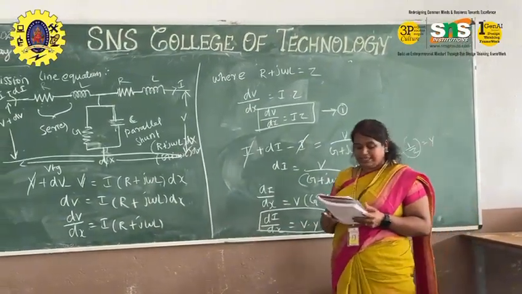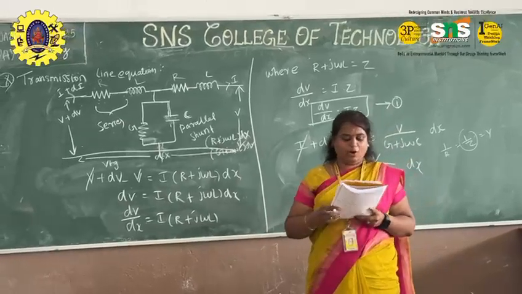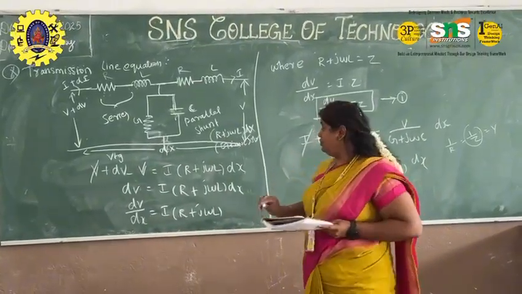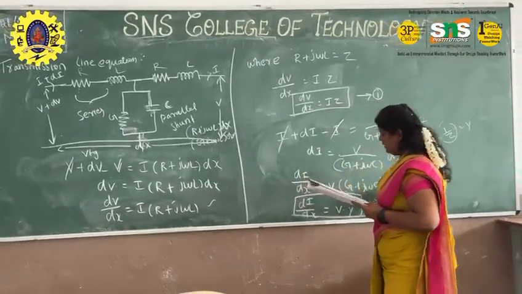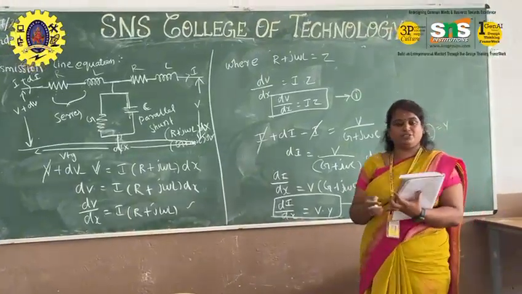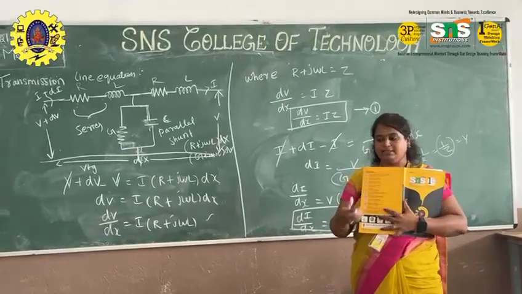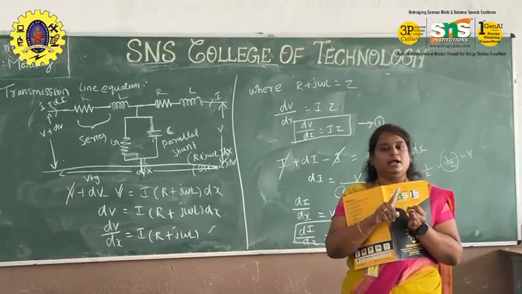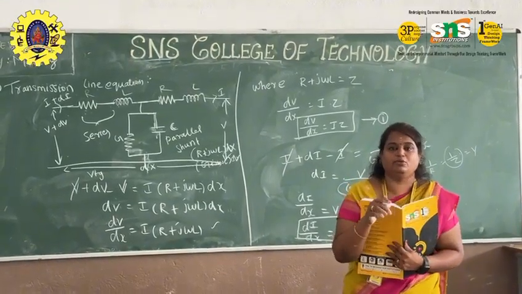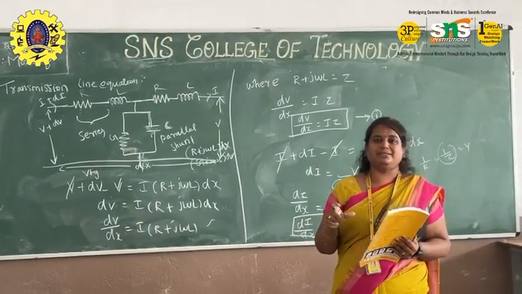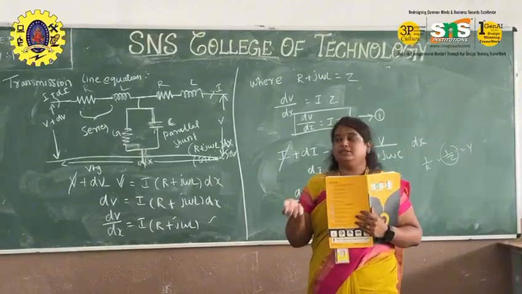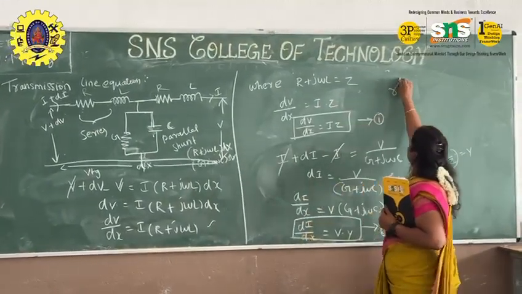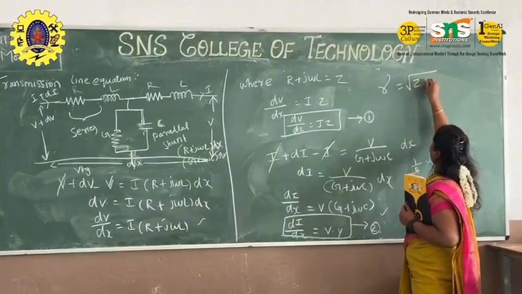In the next video we will see how to differentiate these equations and put them in terms of the propagation constant. In this we have three constant terms: alpha, gamma and beta. Now we are going to see about gamma. Gamma is the propagation constant, gamma is equal to root of ZY.